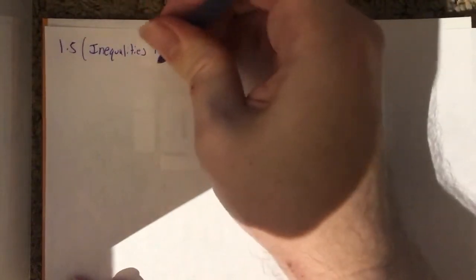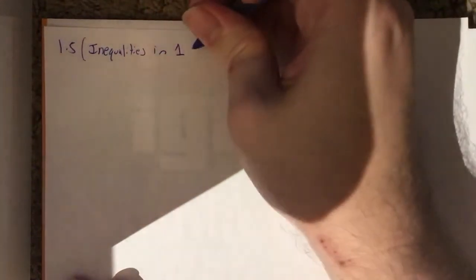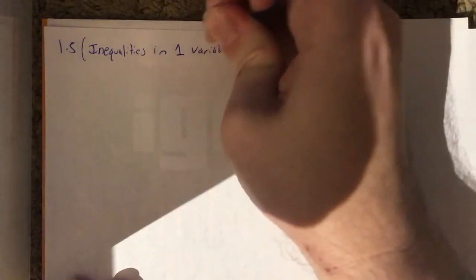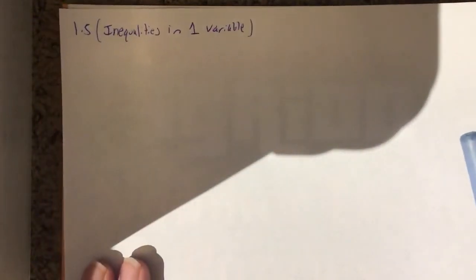Inequalities in one variable. Okay, so we're just going to review our inequality symbols for graphing and stuff. You will see this a lot when you do get to Algebra 2 again. So we're just reviewing it.